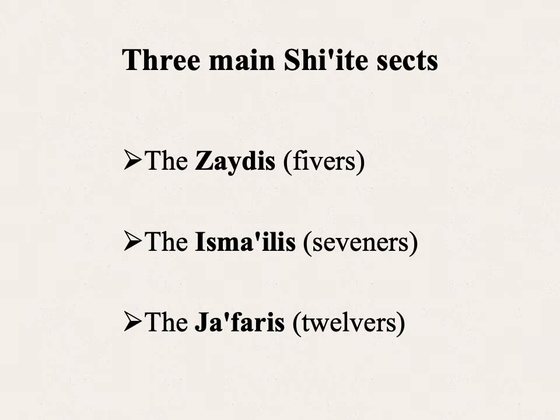The Ismailis, known as Seveners, because they diverge with the seventh generation. And the Jafaris, or Twelvers, and they constitute the vast majority of Shiites. The reason they're called Twelvers is because for them, the line of descent ended with the 12th Imam.